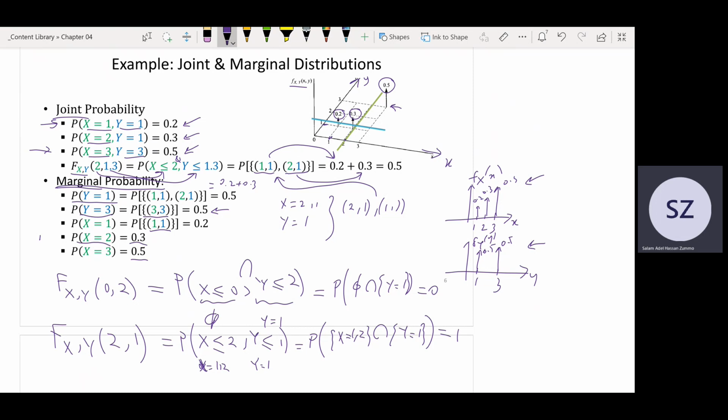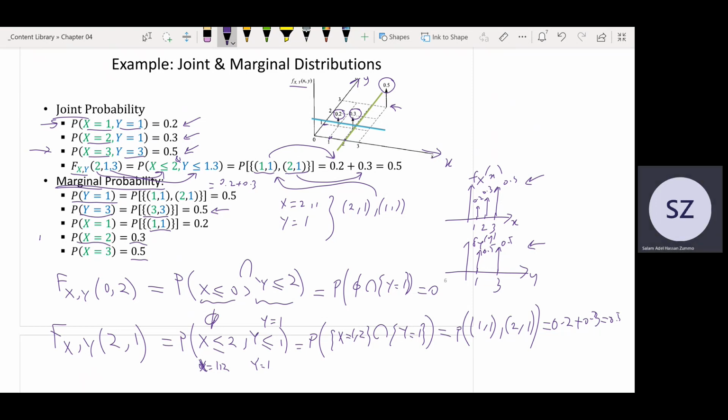So basically this is the probability of the ordered pairs (1, 1) and (2, 1), which is 0.2 plus 0.1. At first it was AND, then it became OR. Look, when we talk about x alone and y alone, this is AND.